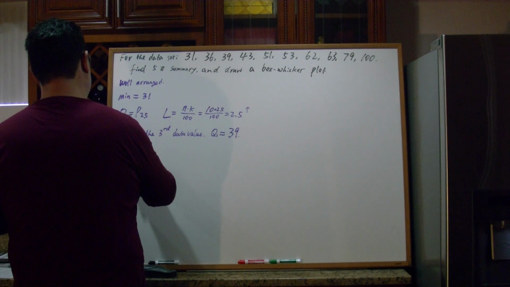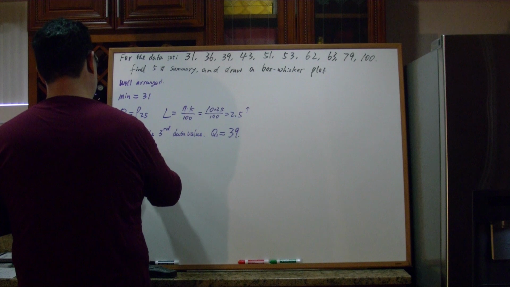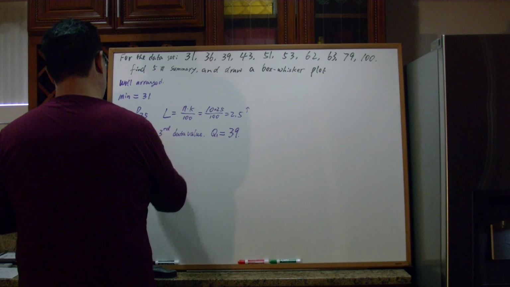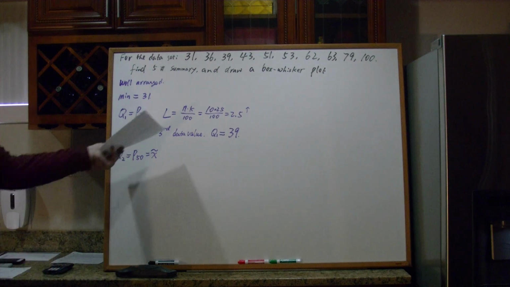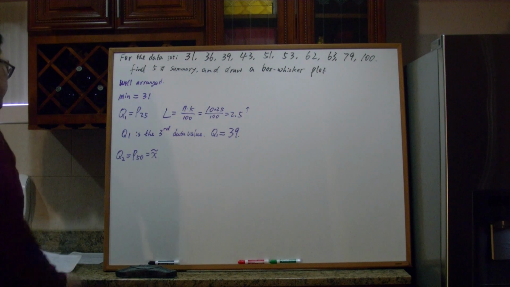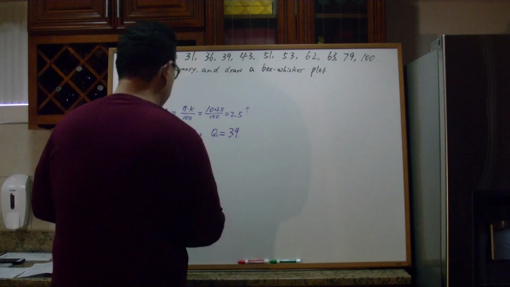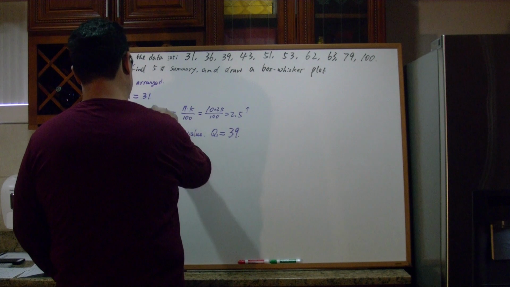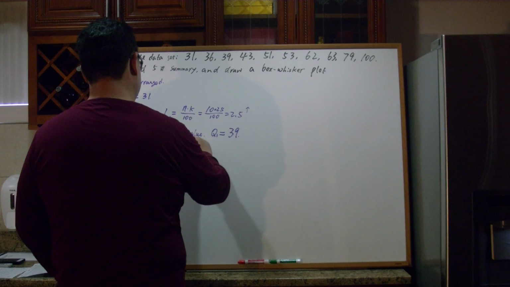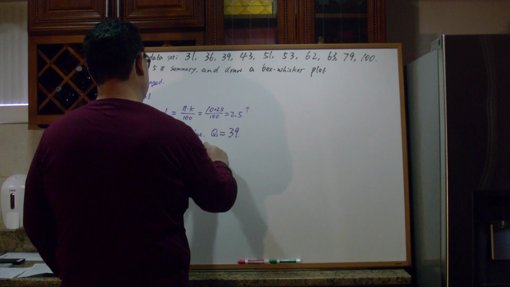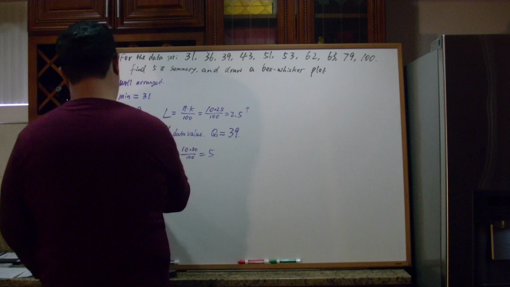And the second quartile is our median. Using the locator is fine, and using the way to find the median is also okay. If we use the locator, it's 10 times 50 over 100, which equals 5.